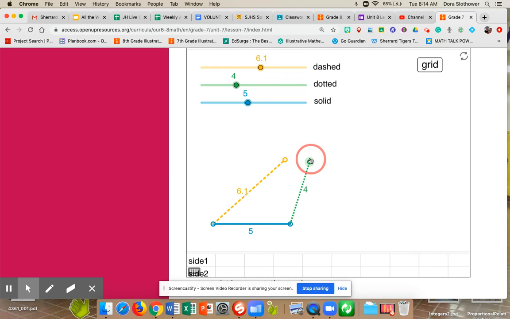We could try here, somewhere near there. Got to get them to latch up just so. There we go. 5, 4, and 8.